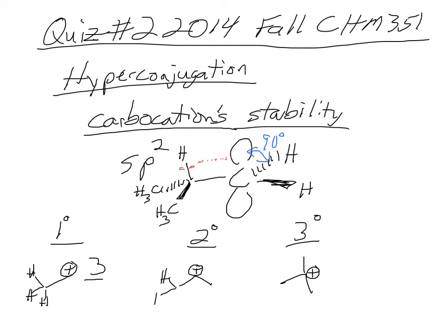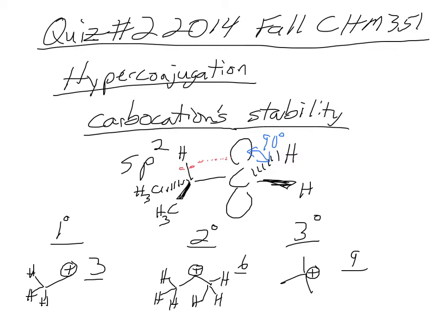Does it matter if they're CH bonds or CC bonds? No. Up here, this is a CC sigma bond. It doesn't matter, as long as it's a sigma bond 2 bonds away. So a secondary has 6. How many do you think a tertiary has? Tertiary will have 9. I'm not going to draw those in.